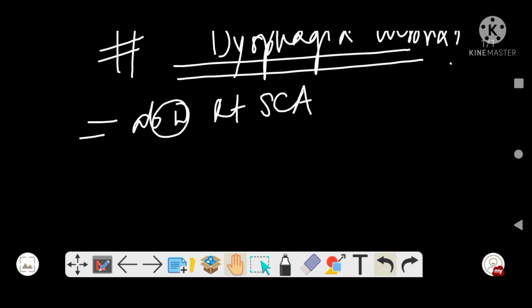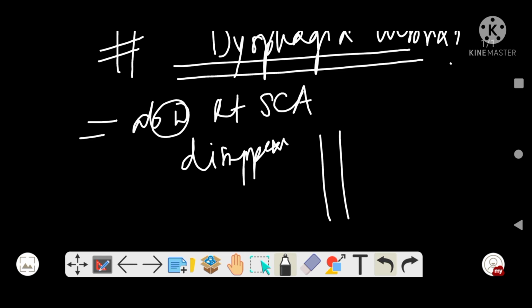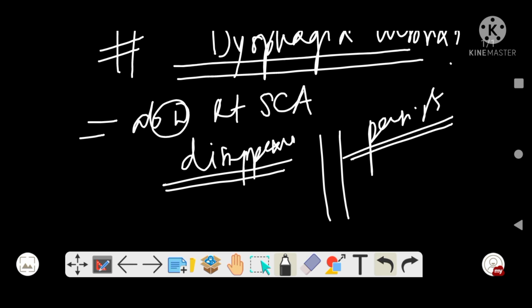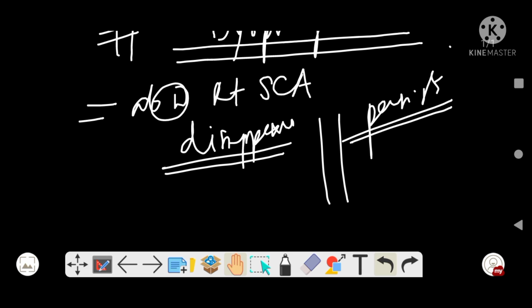Now when there is abnormal right subclavian artery, something disappears and something persists, meaning what is supposed to disappear remains, right? So that causes this abnormal right subclavian artery. So we'll see what all disappears and what all persists that leads to this condition, right?